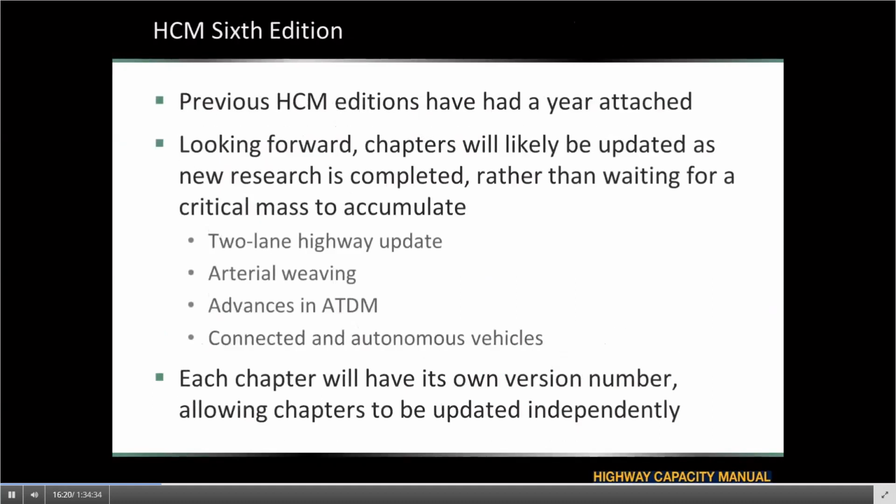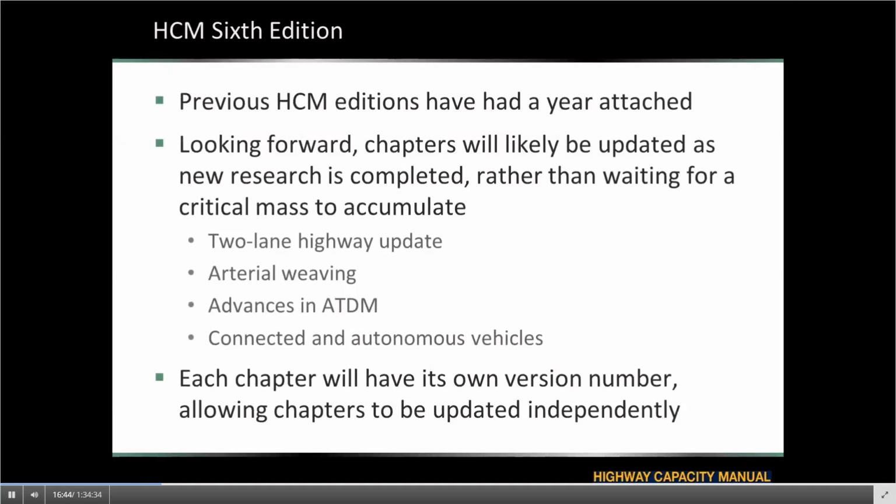Previous HCM editions have had a year in the title, although they've also been referred to as an edition somewhere inside. It's become increasingly impractical to wait 10 to 15 years for a critical mass of new research to be completed to issue a new HCM. The online Volume 4 introduced with the HCM 2010 facilitates issuing new and updated chapters.